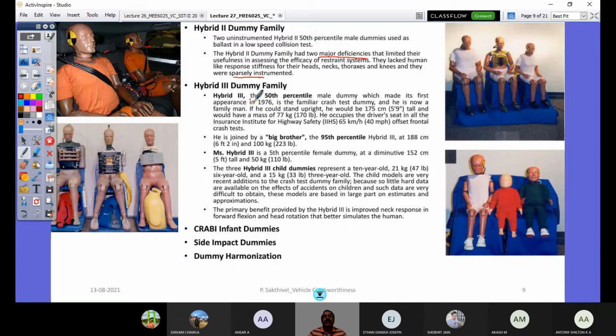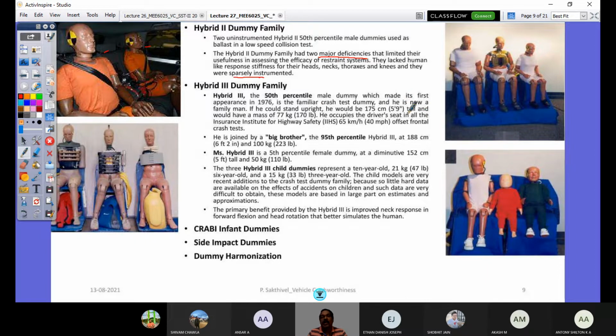And then in 1976, the next family group that evolved was the Hybrid 3 dummy family, and it has been extensively used till date. The Hybrid 3 50th percentile male dummy made its first appearance in 1976 as the familiar crash test dummy. And he is now in a family; he is not a single man, he is a family man.